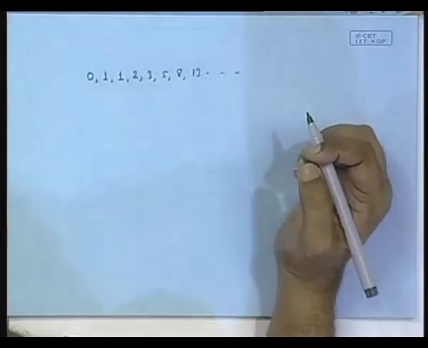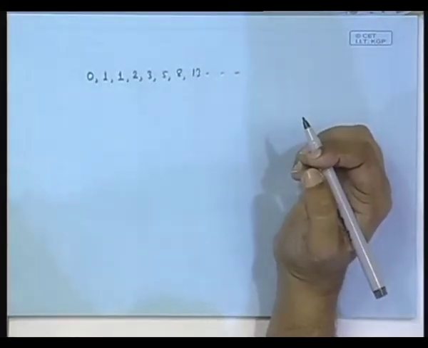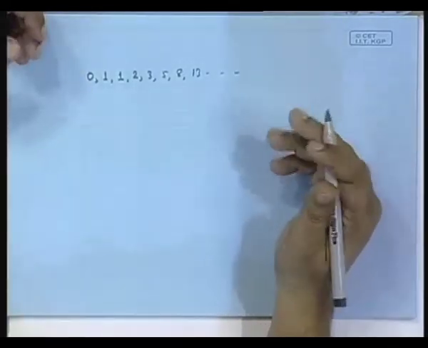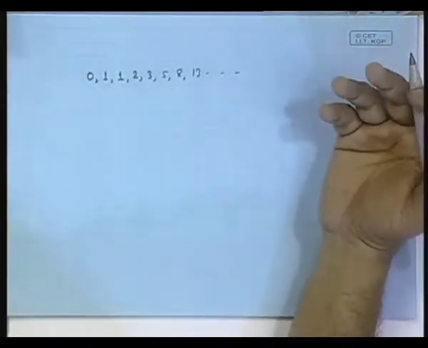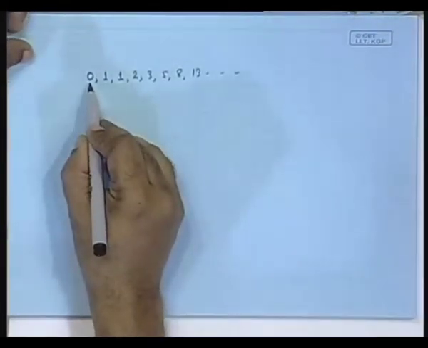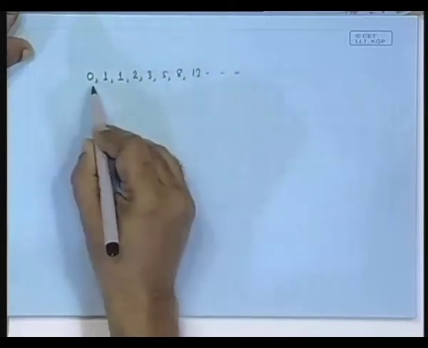And what is the Fibonacci ratio? Now, Fibonacci ratio, or golden ratio as it is sometimes called, is what you get if you go on making ratios of the subsequent numbers.